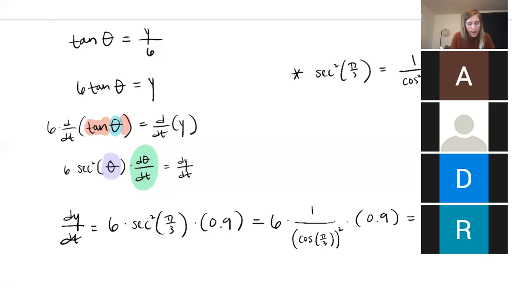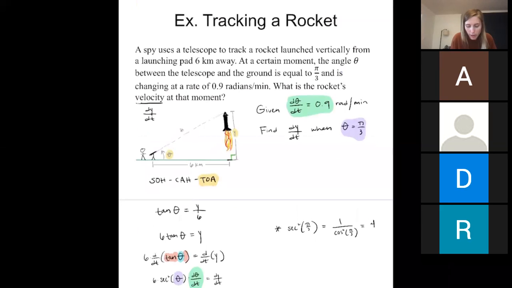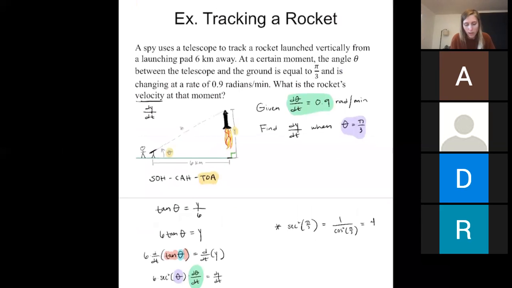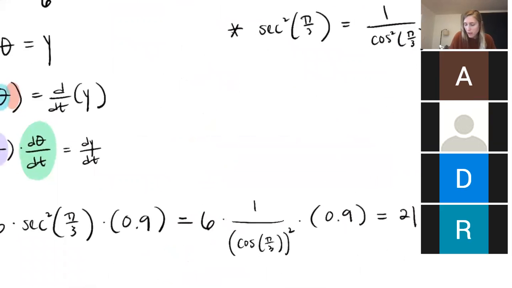And since y, the unit is kilometers, right? Distance is being measured in kilometers. Time is being measured in minutes. The units will be kilometers per minute.